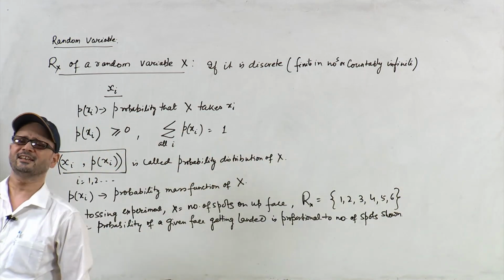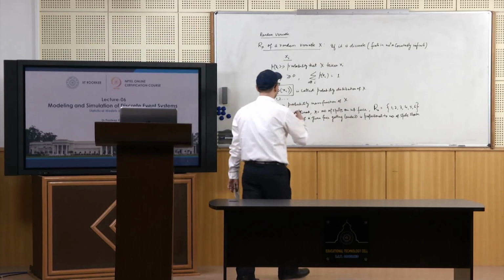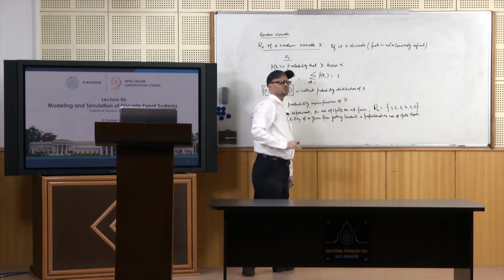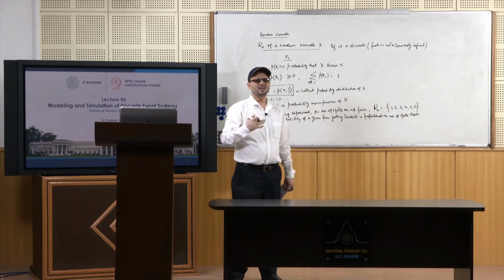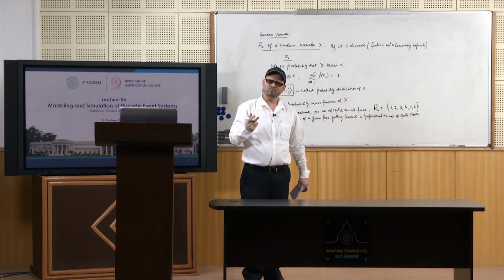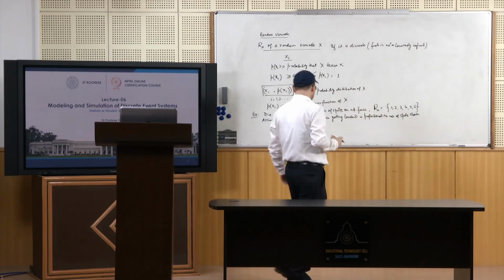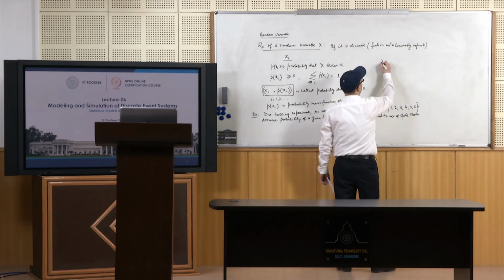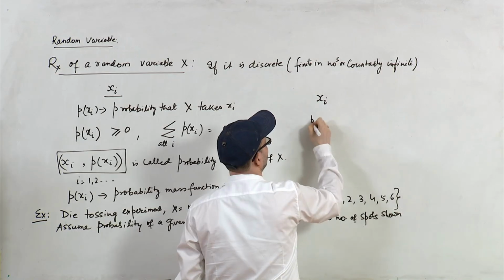So, if the probability of any given face getting landed is proportional to the number of spots shown, in that case you will have xi and p(xi).